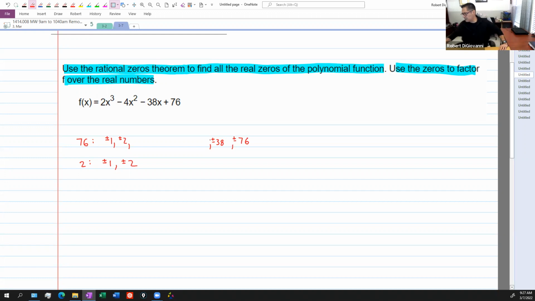Let me grab mine real quick because I might need it for a little bit later. It doesn't go into 76. 3 does not, right? 4 does 19 times. Yeah, 4 and 19. So that would be my next one. 4 and 19. I really hope I gave myself enough room here.